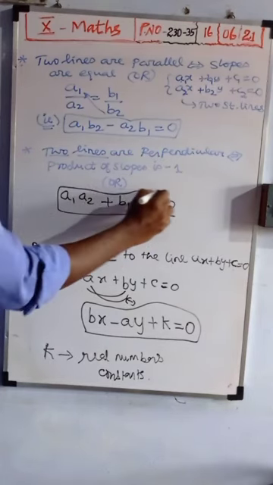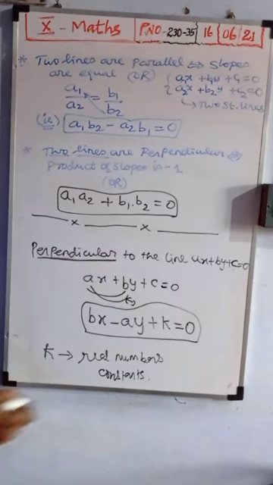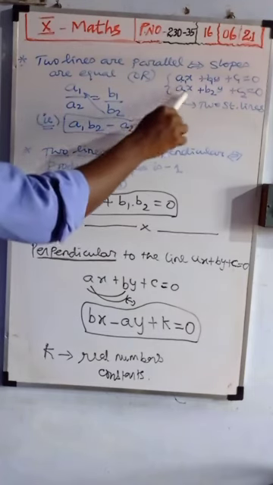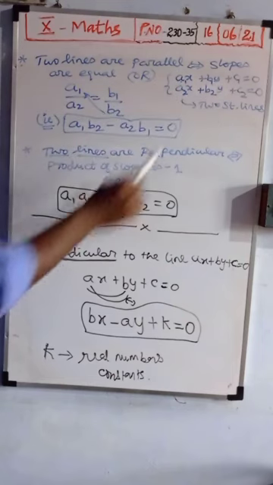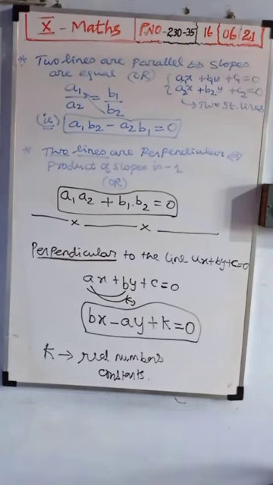Okay, these conditions want to be satisfied. For two lines to be perpendicular, multiply both x coefficients, multiply both y coefficients, and add. If the answer is 0, the lines are perpendicular. Okay, that's all. Using these formulas we are going to solve this exercise problem.